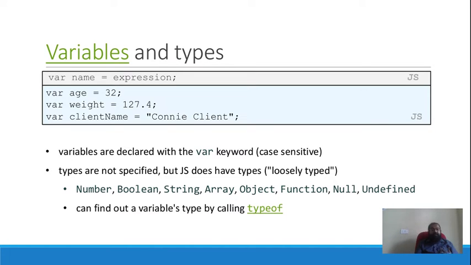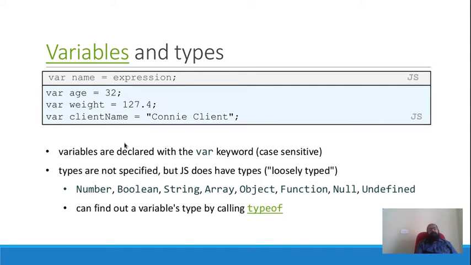The first was an integer, the second a float, and the third, var client name is equal to Coney client, is a string. We haven't specified what kind of data the variable will store; instead we just assign the value, and based on the value it selects the type loosely.